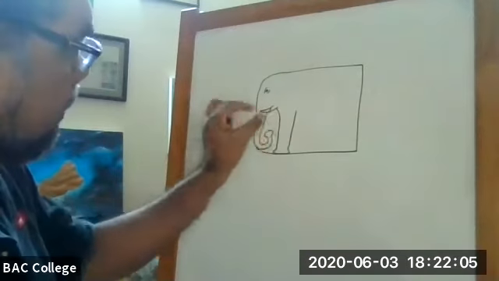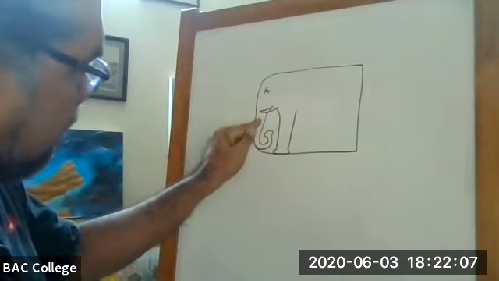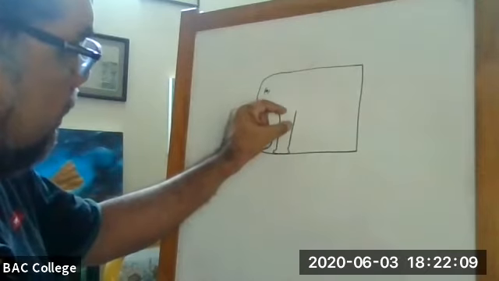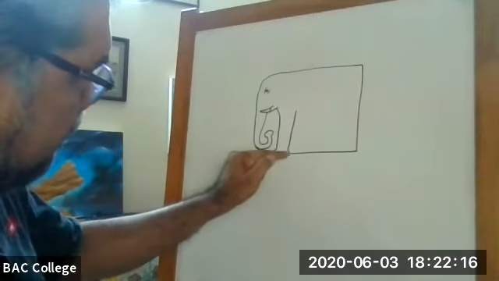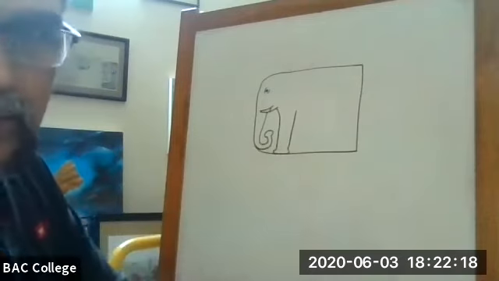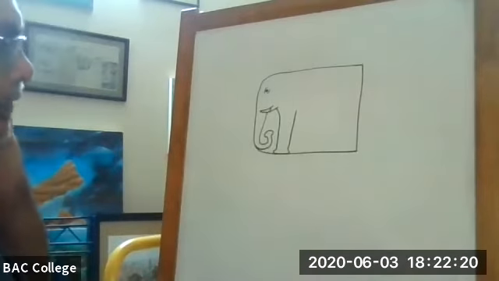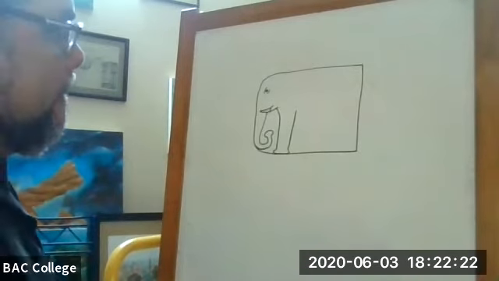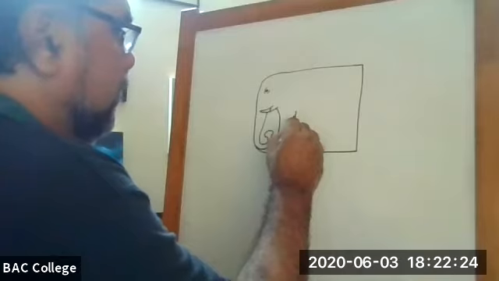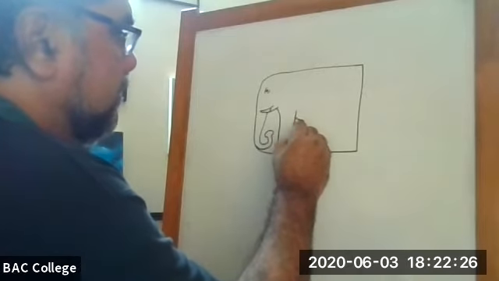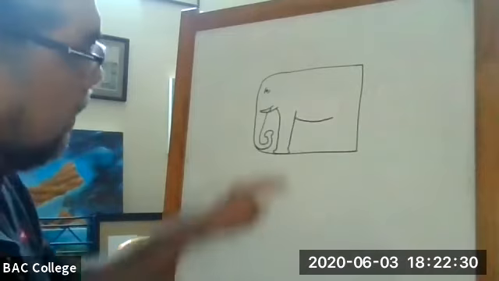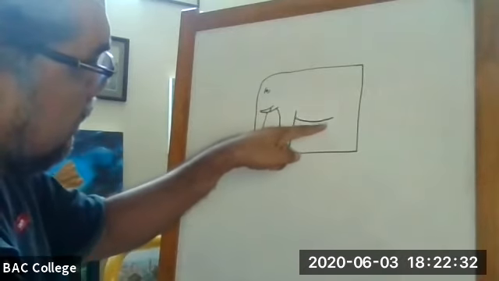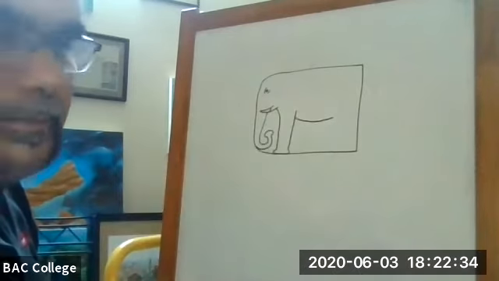It must be thicker than the trunk, about this thick, and then it comes down straight, with a little curve out here and a little curve out there. So that's the feet. Then let's draw a nice curvy stomach for the fella, up to here.